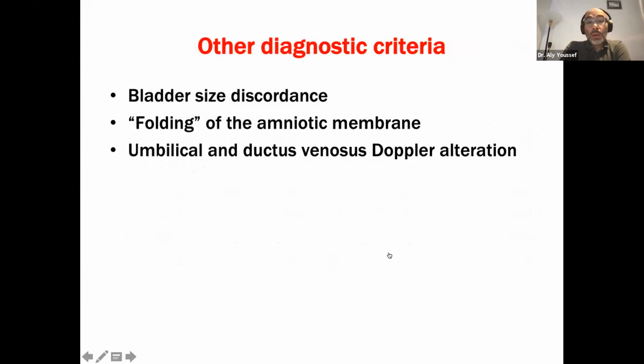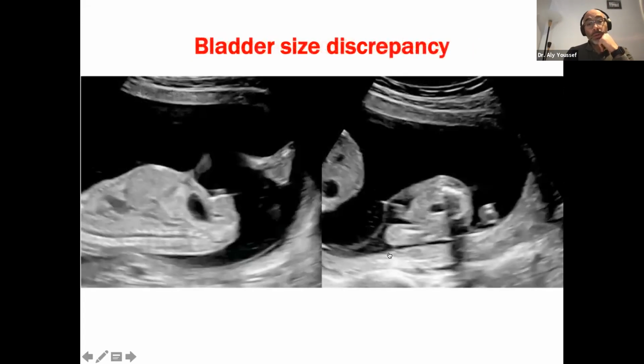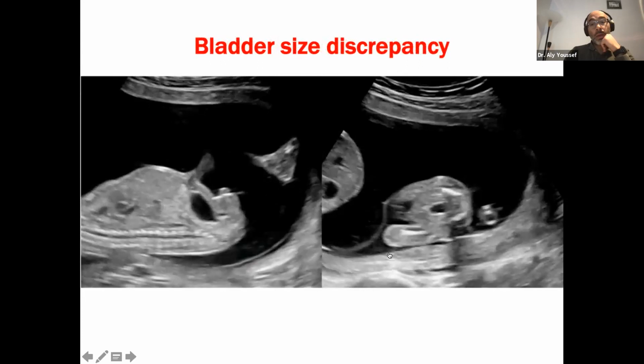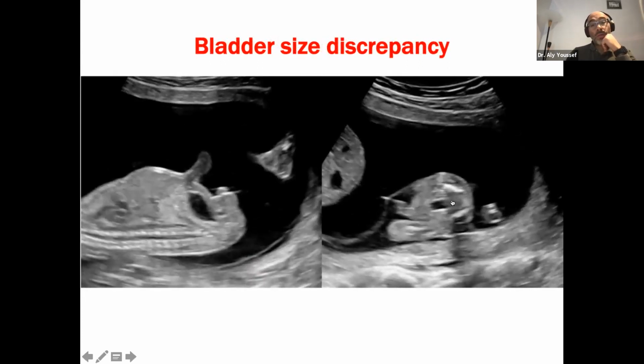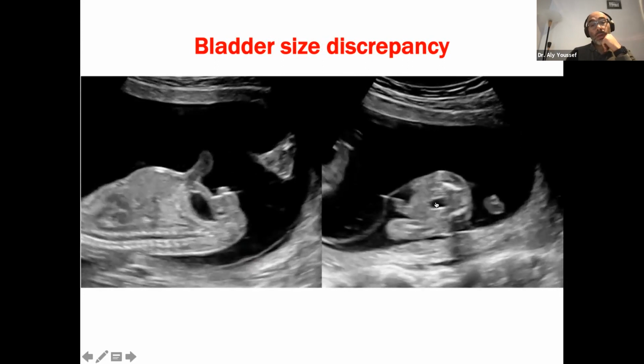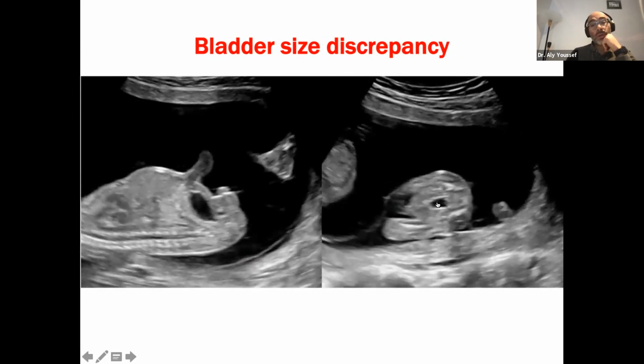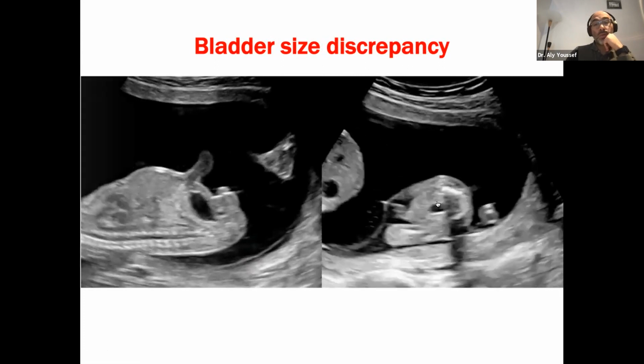Other criteria, and I will show some videos on how they can be used to diagnose or to classify the TTTS, are the bladder size discordance, the folding of the amniotic membranes, and the alteration of the Doppler. So this is a case of TTTS with a normal bladder in the recipient, and a very small bladder in the donor.